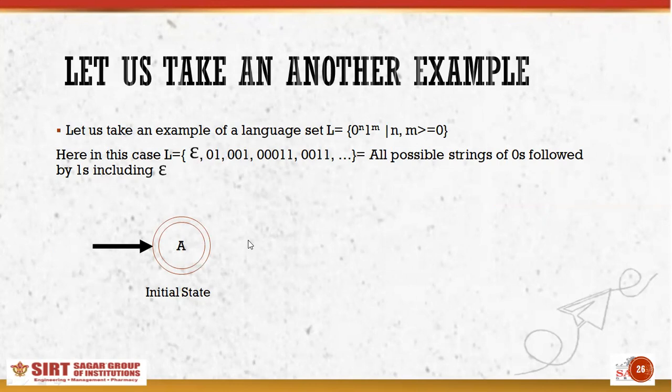Now, how can we make any number of zeros be accepted in this machine? That can be done by making a self loop of 0 on state A. By this self loop, you can take any number of zeros in your machine, but it should reach 1 after that.